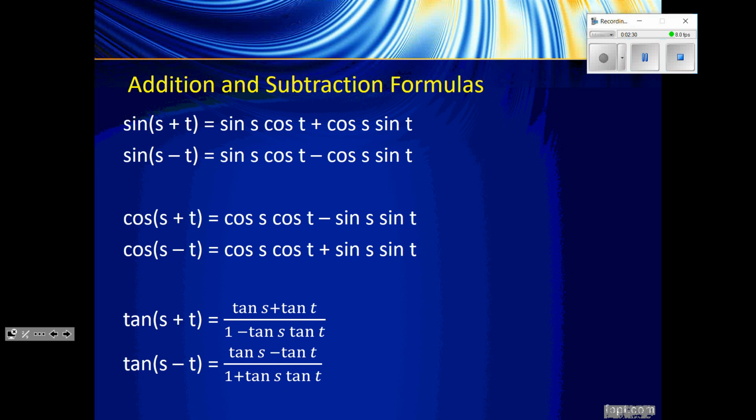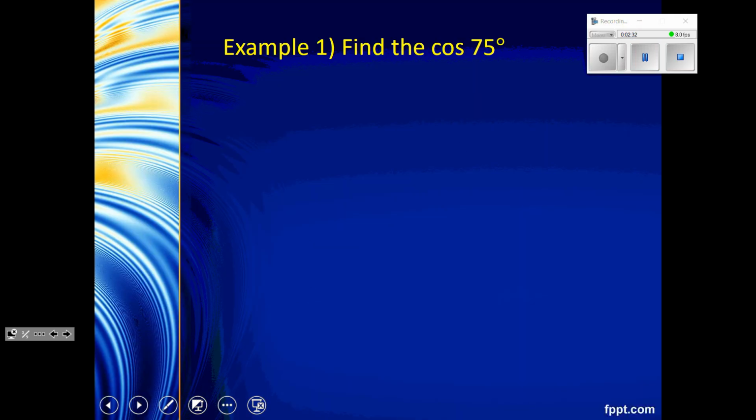All right, so we have our unit circles handy. And so we'll use our first example here that I just talked about, okay? I want to find the cosine of 75. Well, the issue right now is that the cosine of 75 degrees is not on our unit circle. But what we can do is we can combine some that we already have to make 75 degrees.